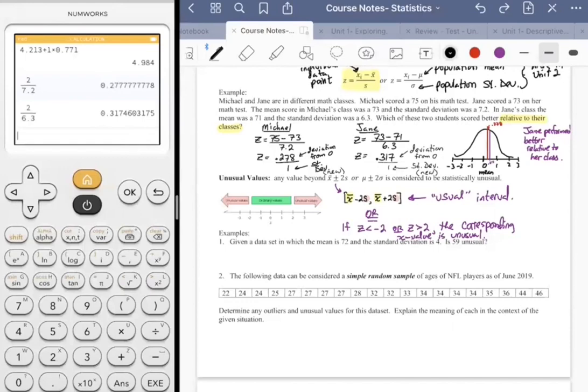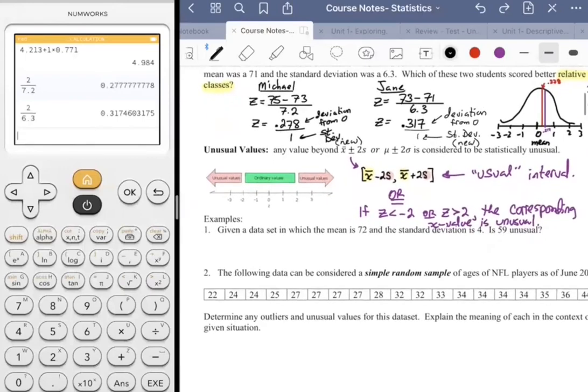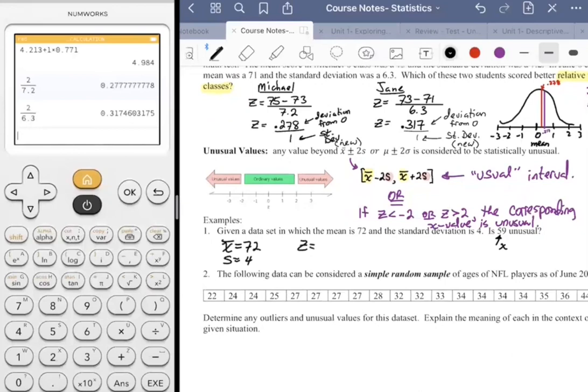All right. So I have the mean 72. I have the sample standard deviation of 4, and I have an X value. So I'm going to compute Z equals X minus X bar over S, which is in turn going to give me 59 minus 72 over 4.